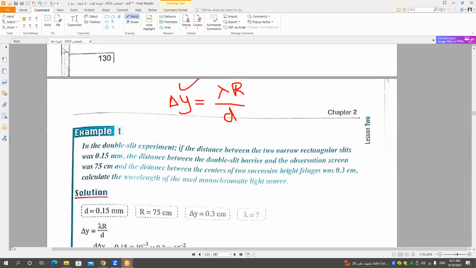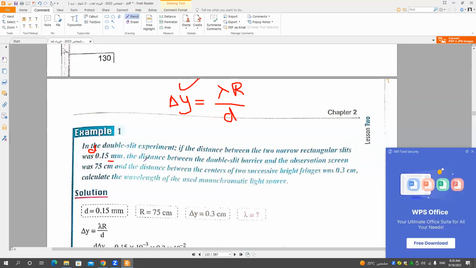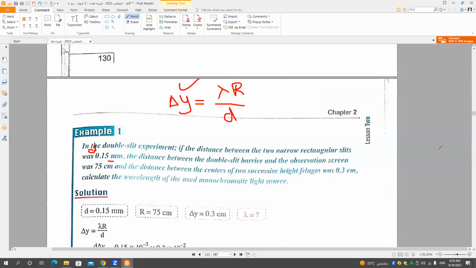The distance between two dark fringes or two bright fringes, lambda is the wavelength of the used light, and R is the distance between the observable screen and the double slit barrier, and D is the distance between the two slits. In the double slit experiment, the distance between the two narrow rectangular slits, this is D, equals 0.15 millimeter, times 10 power negative 3.